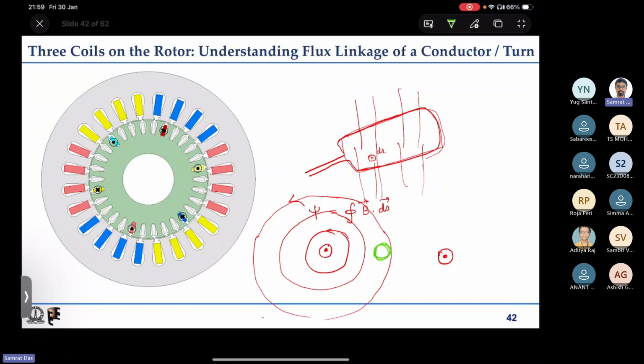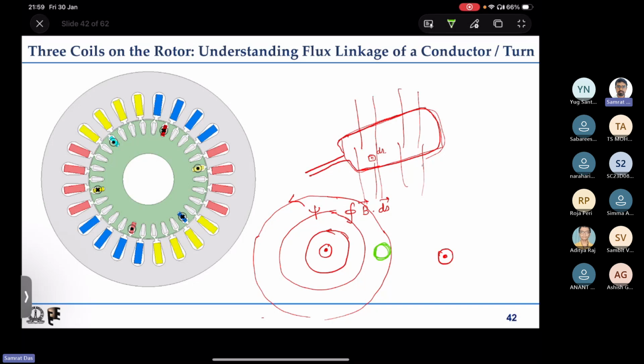So we can again take a surface integration of B and find out the enclosed flux by this conductor, and that becomes the flux linkage for this green conductor that I have indicated.